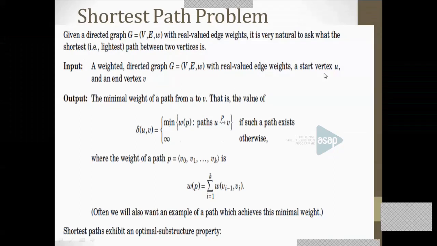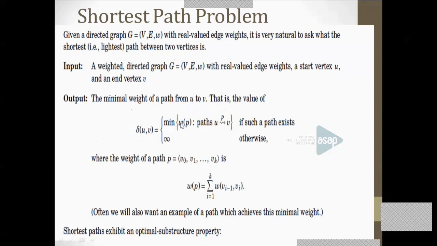If you start from vertex U and end in vertex V, that means city U and city V, what is the shortest path? That is our expected output. The minimal weight of a path from U to V is a value, delta. The distance is delta of U comma V.